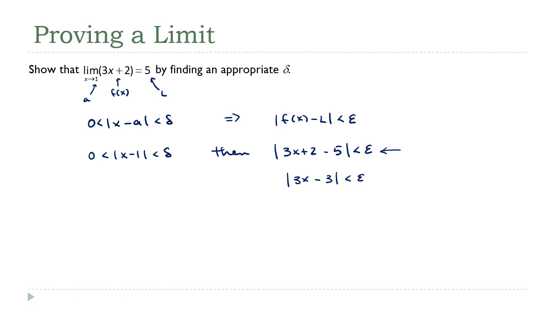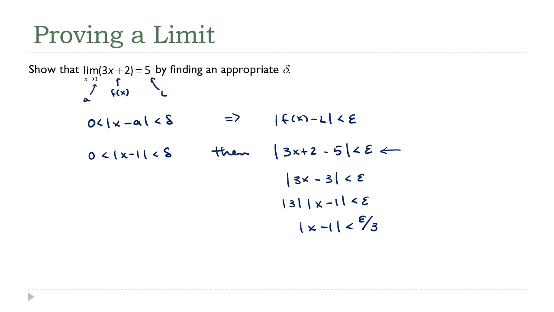If I factor out that 3, now be a little careful, I have to factor out the absolute value of 3, times x minus 1, is less than epsilon. Now, yes, the absolute value of 3 is 3, but if that had been a negative I was factoring out, you'd have had to be a little more careful with it. So that's just 3. I'll divide both sides, and we get the absolute value of x minus 1 is less than epsilon over 3.